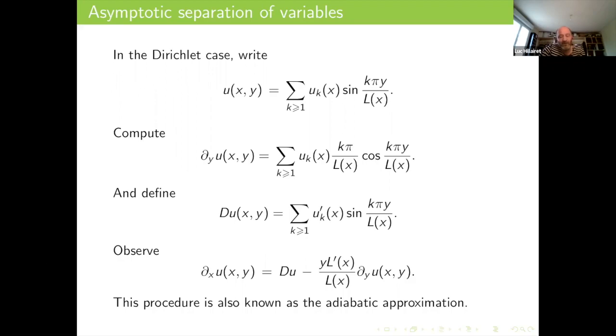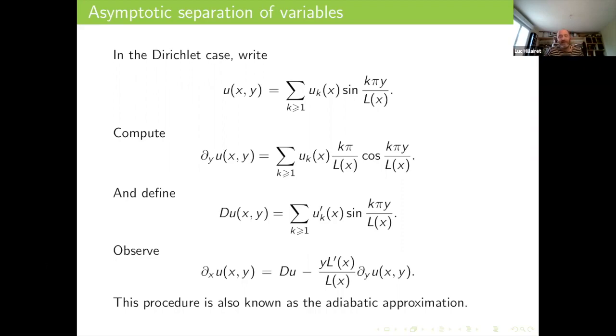You call the first one big D of u, and the second term can be written y L prime over L times dy of u. And y over L is always between 0 and 1, so you assume that this L prime is bounded.